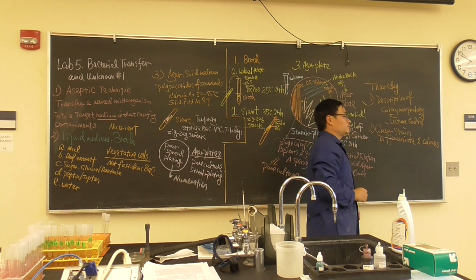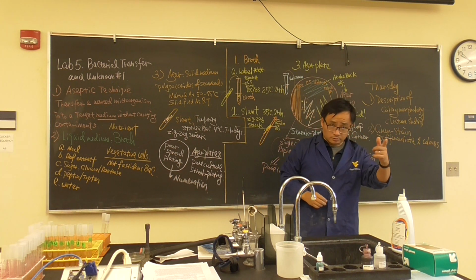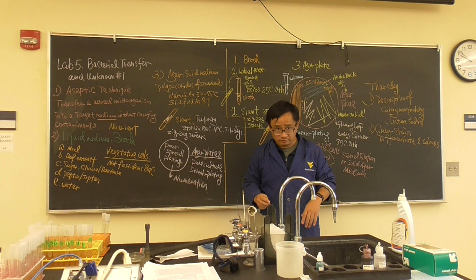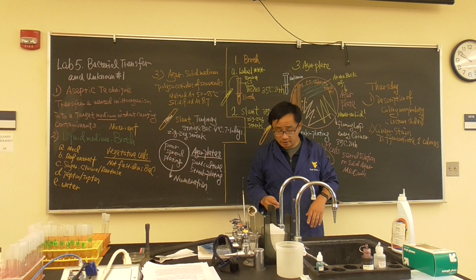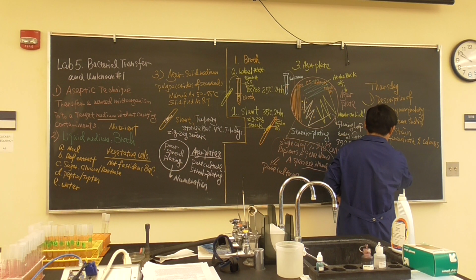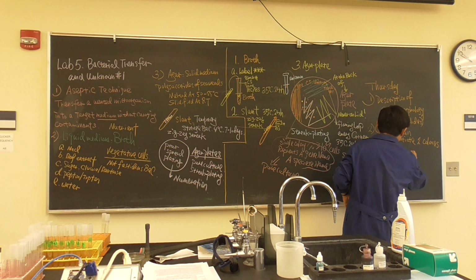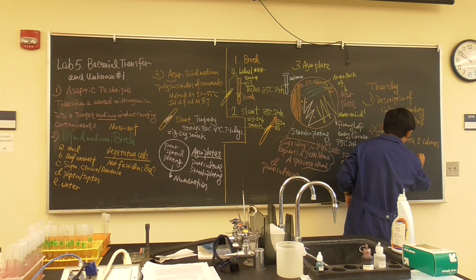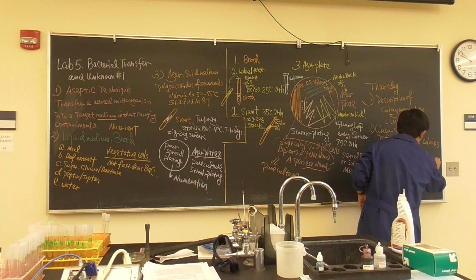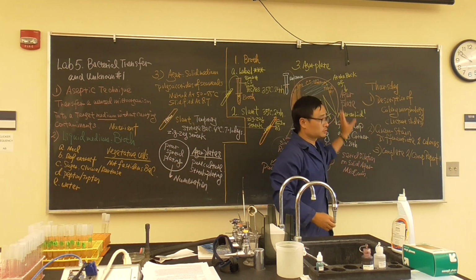Now, sometimes you may get only one colony. Or on your plates, the colonies are the same. That's fine. Sometimes we get something like that, then you can describe that. And then finish, complete. It is two people per group report. Okay, this section we will talk about on Thursday.